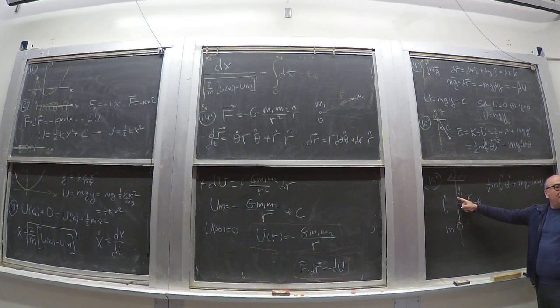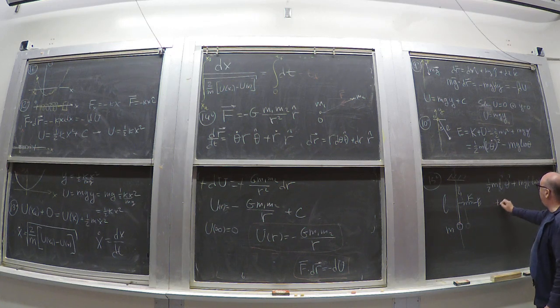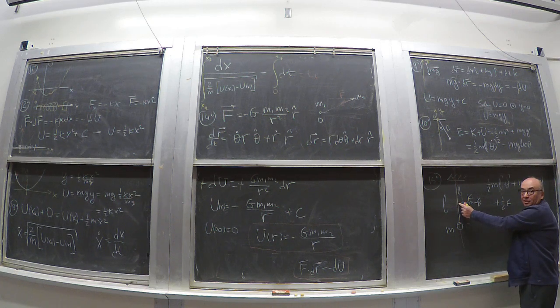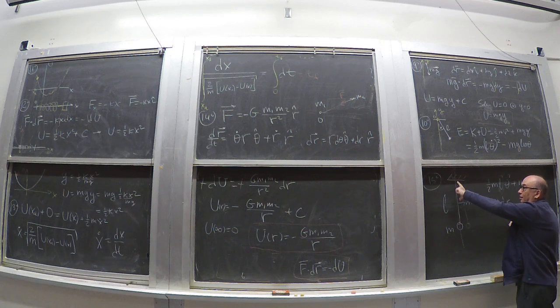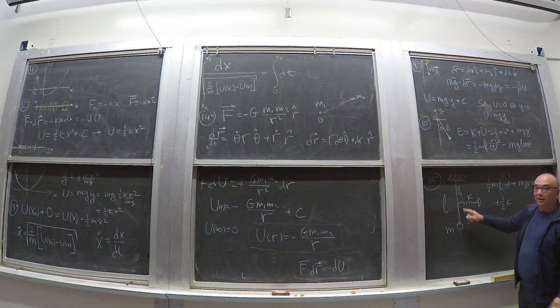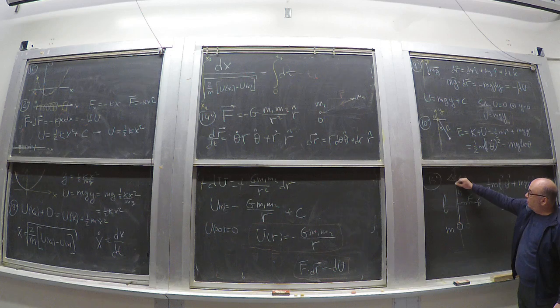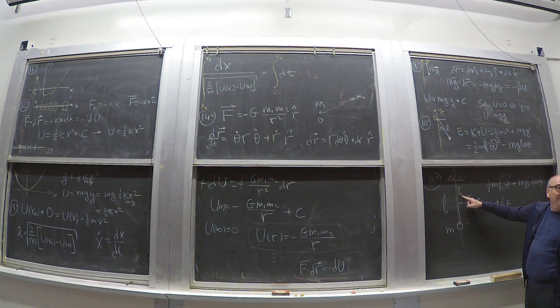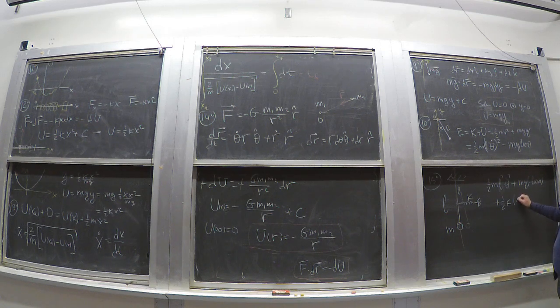If this is a small angle, then this is little horizontal displacement. It's not exactly horizontal, but for small angles, it is almost true. Plus 1/2 k. How big is that x? It's like arc length, right? What is the radius of this circle? L1 theta. So it will be L1 theta squared equals constant.